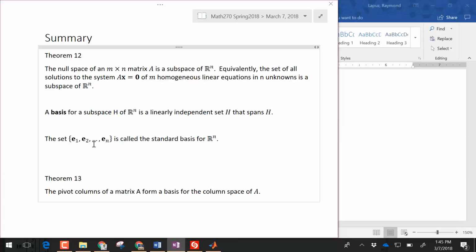Those are your standard basis vectors. And what we found in the previous pages were basis vectors for the column space, the null space, and the row space.